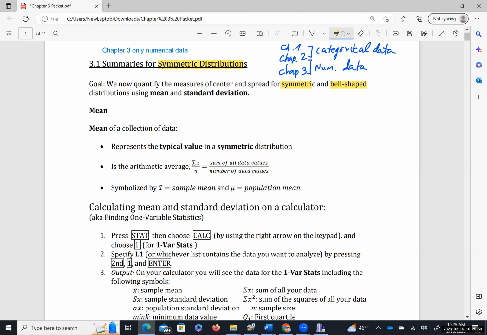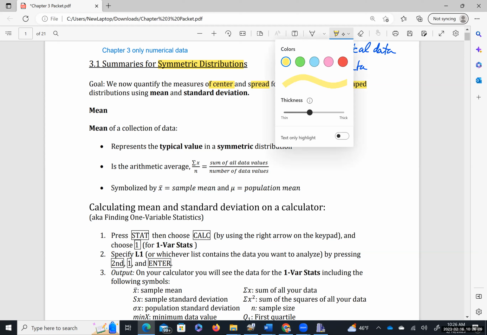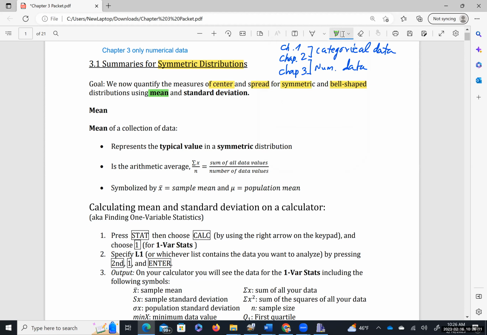We're going to focus on how to measure the center and spread of symmetric, bell shape distribution, which is using mean and standard deviation, right?